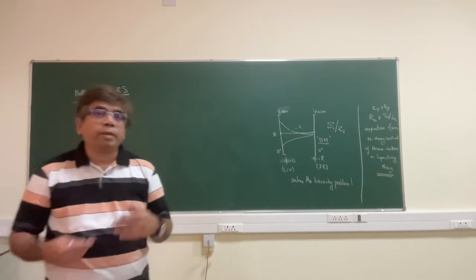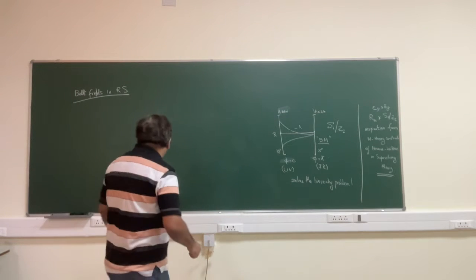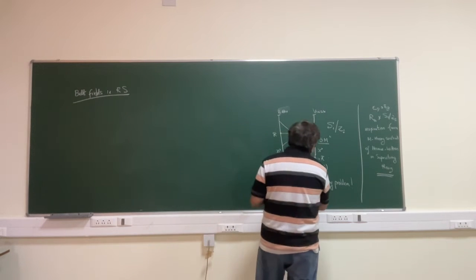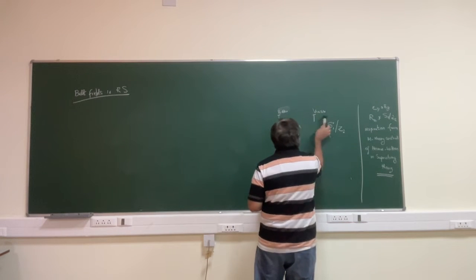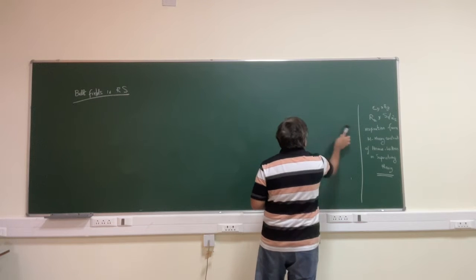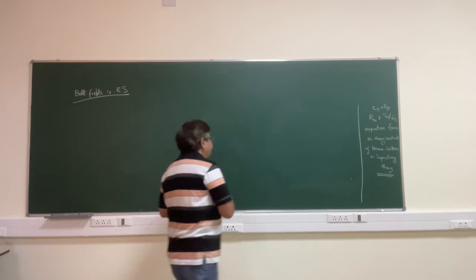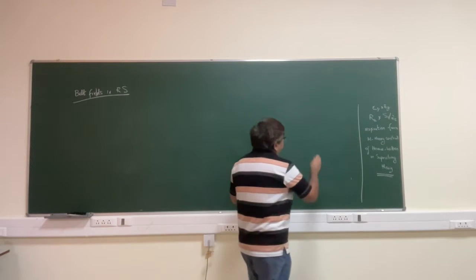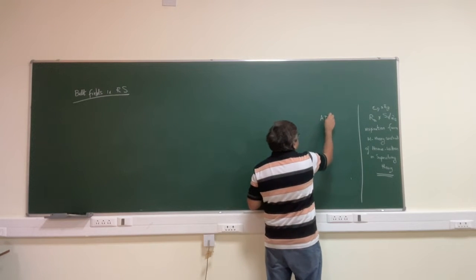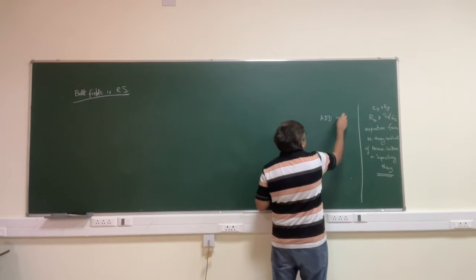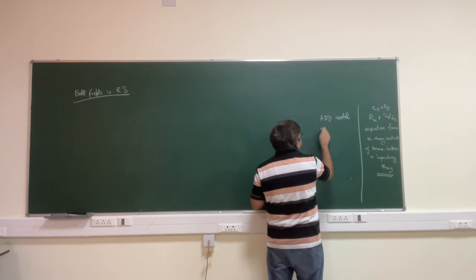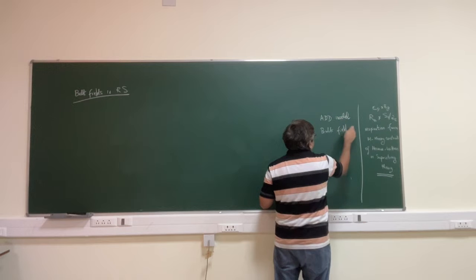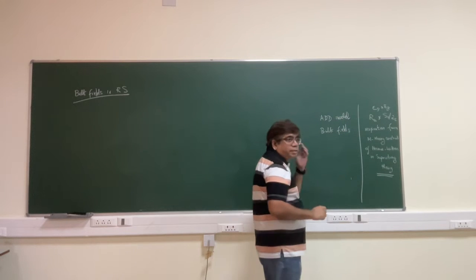Now, let's remember the ADD model. Bulk fields are just cosines and sines.